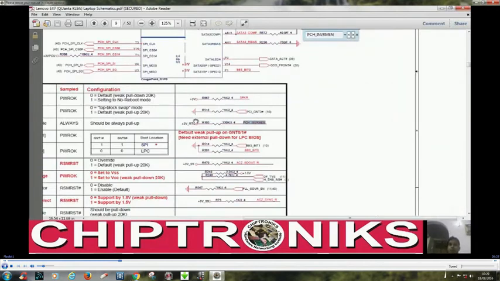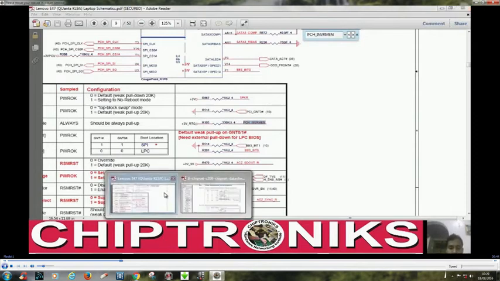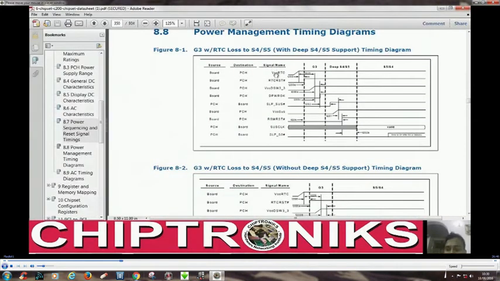So right now we are talking about the RTC well. We are talking about the RTC well when you have connected the adapter to the notebook motherboard, or when the notebook is running on battery. So what are the important signals in the RTC well?